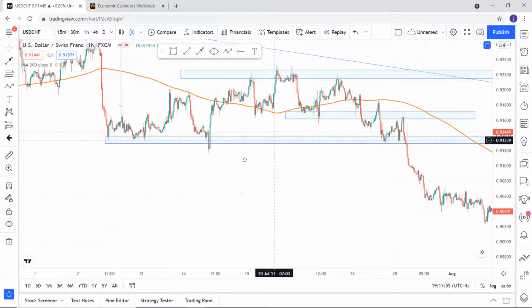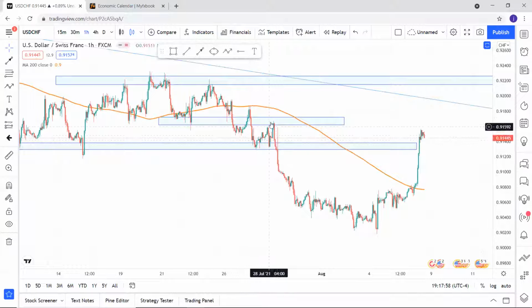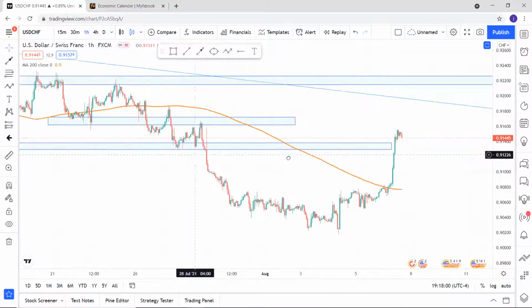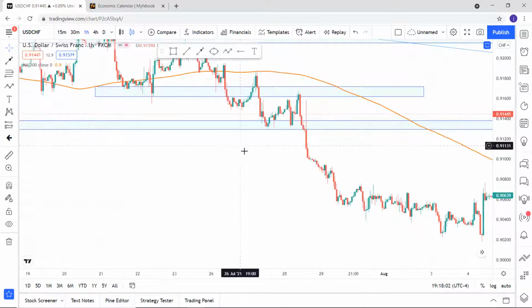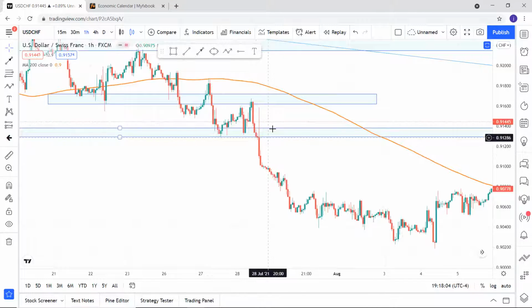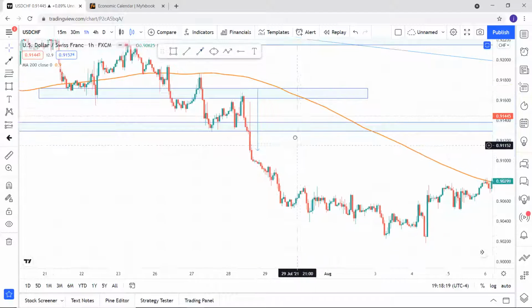All right. Now at this point recently, we had that break below. We had that strong break below that area. So this is where we have a sort of impulse move to the downside. We had those strong candles showing us that sellers now step into the market, and now they have control overall.